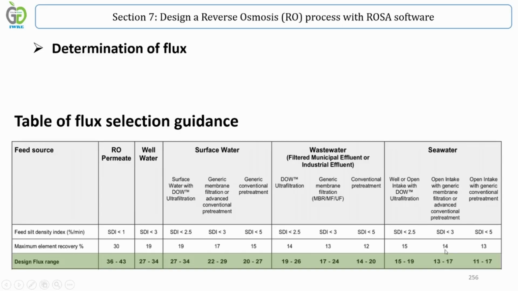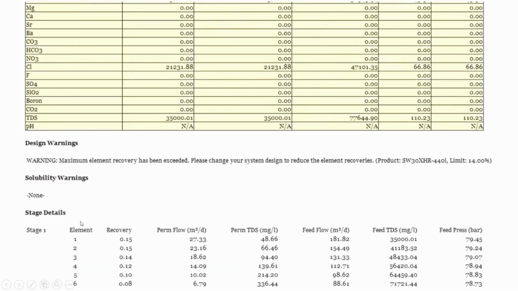It means that the maximum recovery for this element to produce this flux is 14. If you look at elements 1, 2, and 3, you can see the recovery is bigger than 14. And for number 3, maybe that was rounded and that was more than 14. Now you have to reduce this recovery to remove this warning.